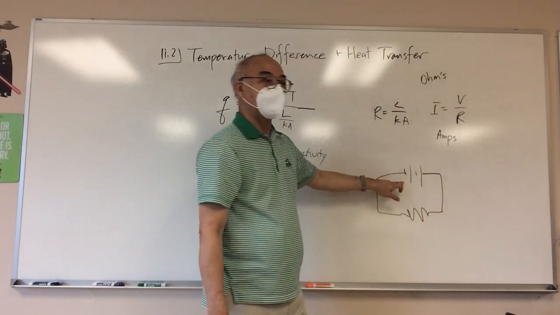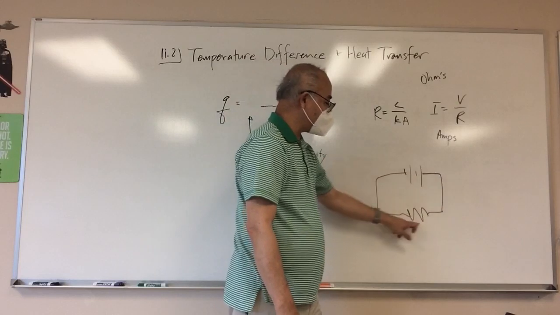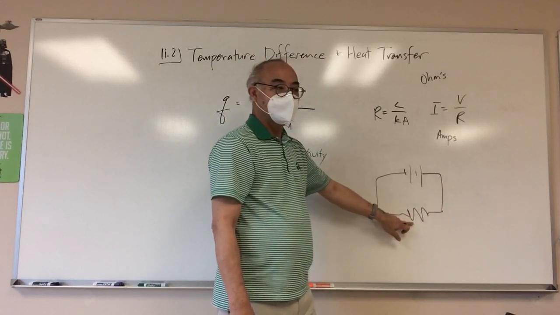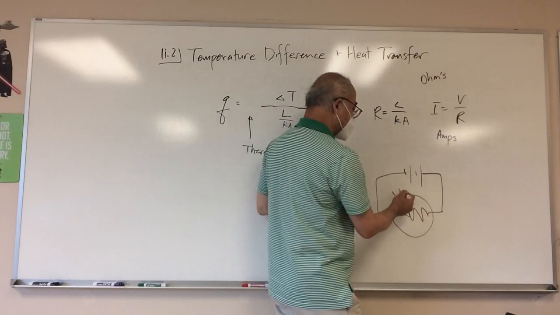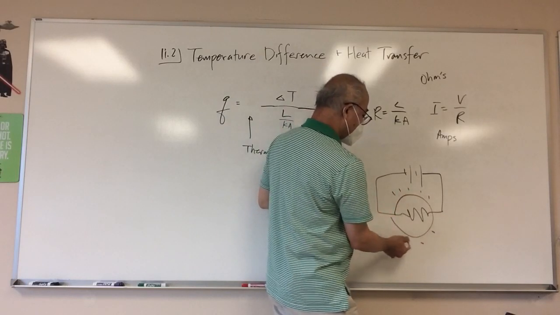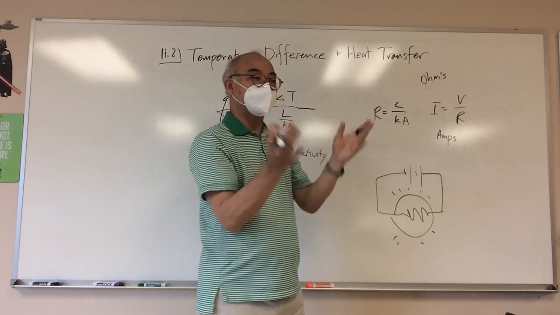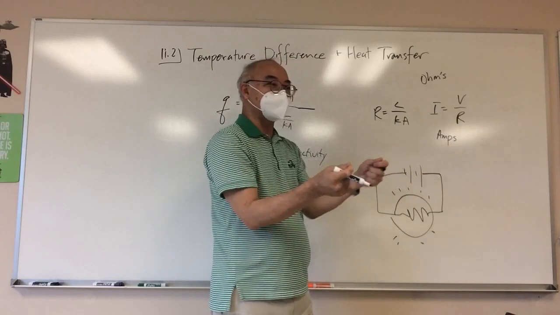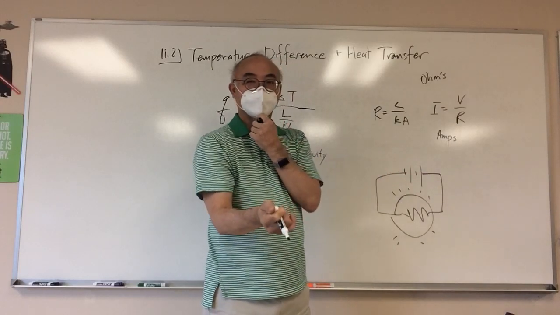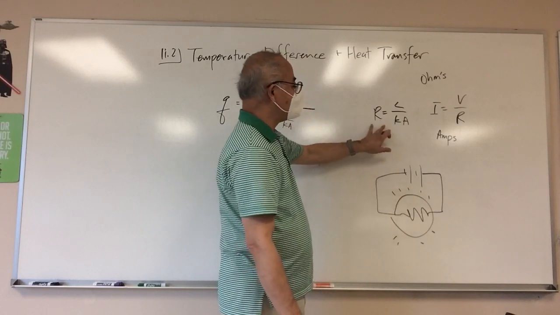So this would be a battery, a DC battery going across a resistor, or you can build a lamp and connect a battery to it with wires. This is how a flashlight works.